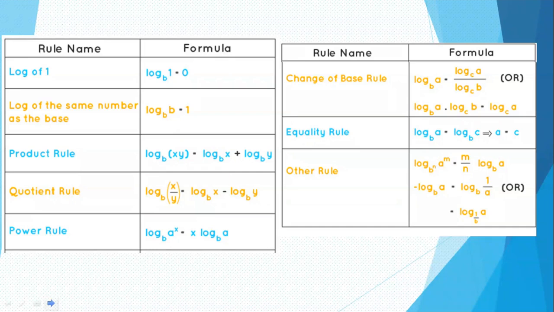Right? So most probably we'll be using this, and we'll be using the power rule as well. Most of the time we'll be using the power rule. So if I have log of a raised to the power of x to the base b, it can be written down as x, you can bring it over here, and log of a.